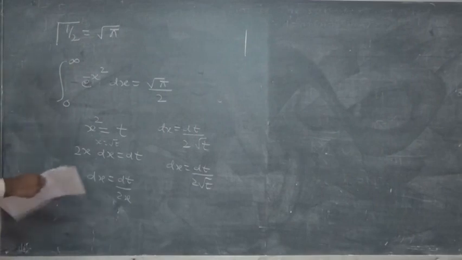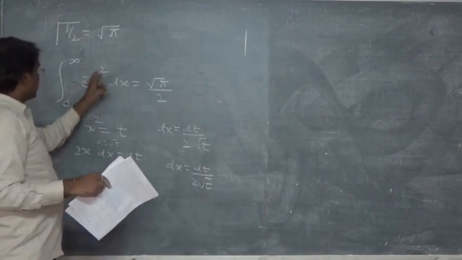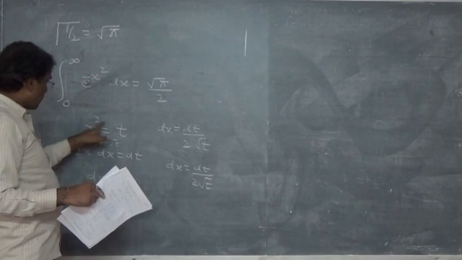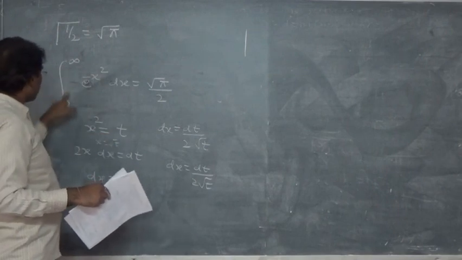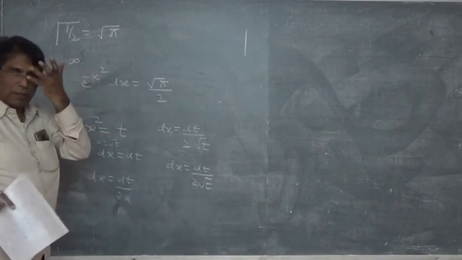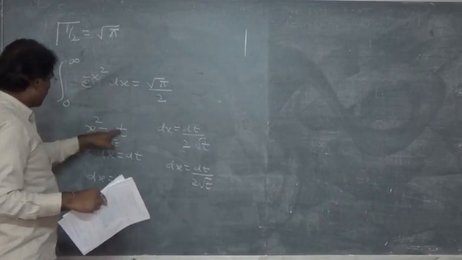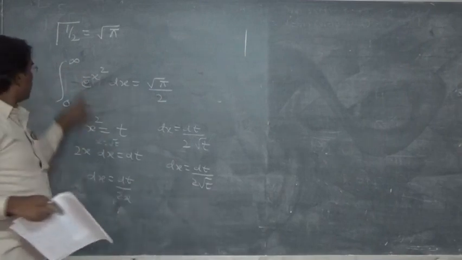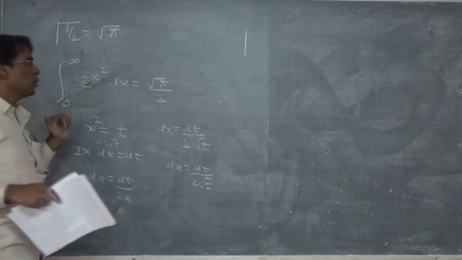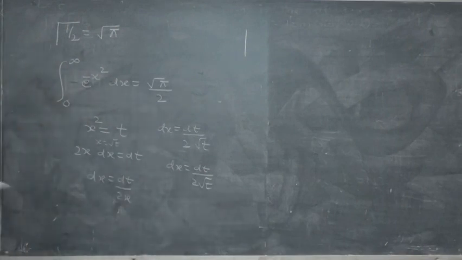Now we have changed from x to t functions. So x square is equal to t. These are the limits of x, convert them into limits of t also. When x equal to 0, t is 0. When x equal to infinity, t is infinity. Means there is no change in limits.